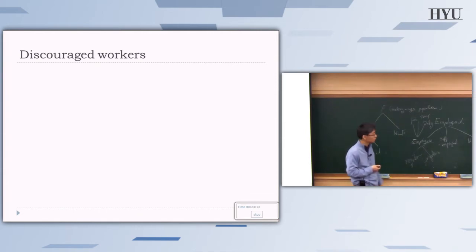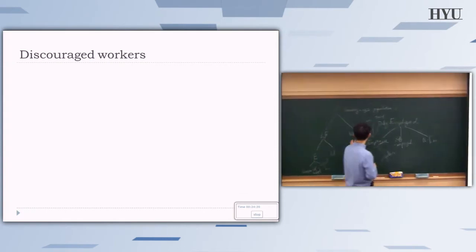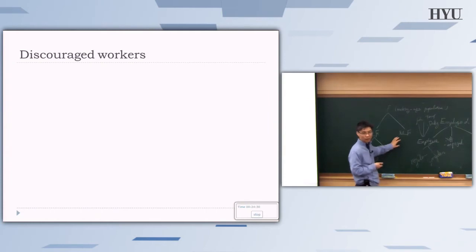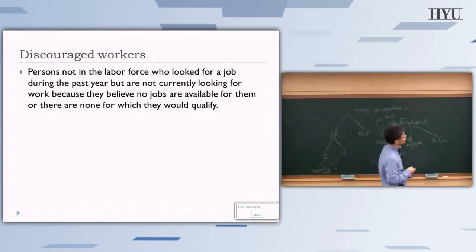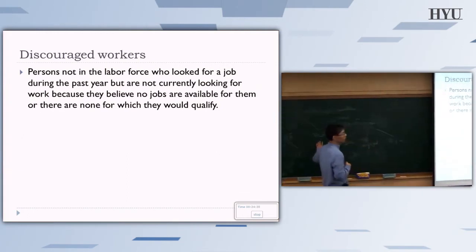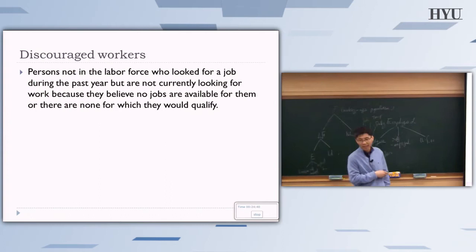But there is a subgroup of not in the labor force. These people, we call them discouraged workers. It's like in between unemployed and not in the labor force. So these are persons not in the labor force who looked for a job during the past year.